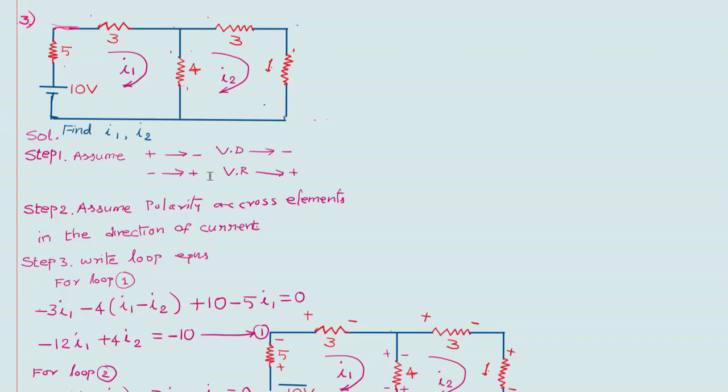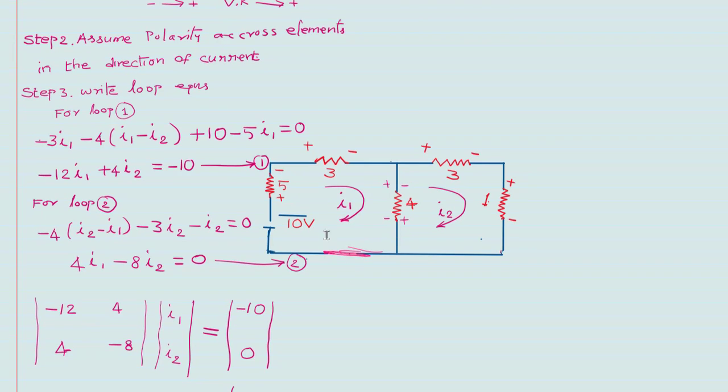Similarly, if the current enters at the negative terminal and then leaves at the positive terminal, or when we find the negative terminal first and next the positive terminal, we call that a voltage rise, and the sign that it gets is positive. So these two things we have to keep in mind before we apply the polarity of voltage across each element in the circuit.